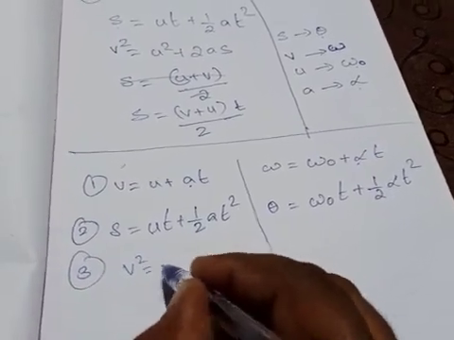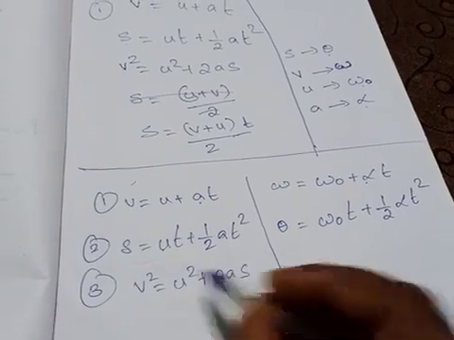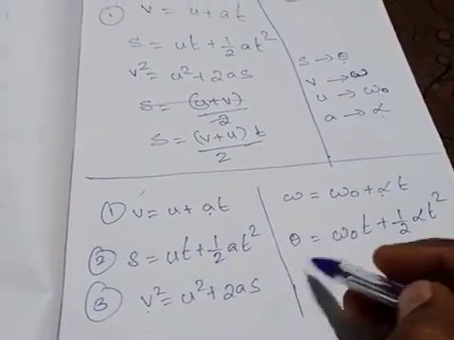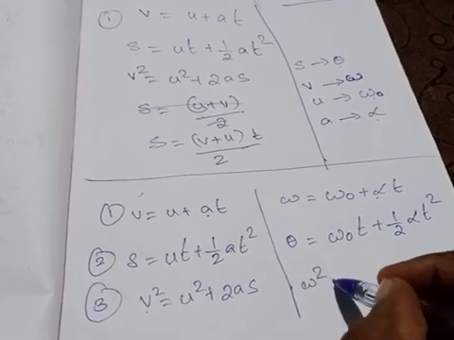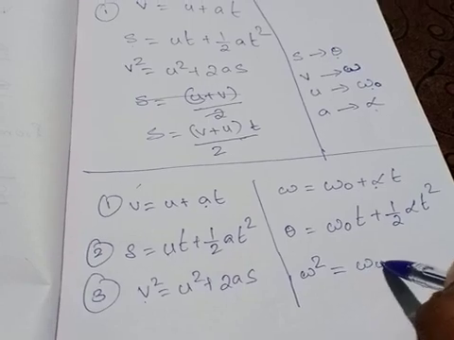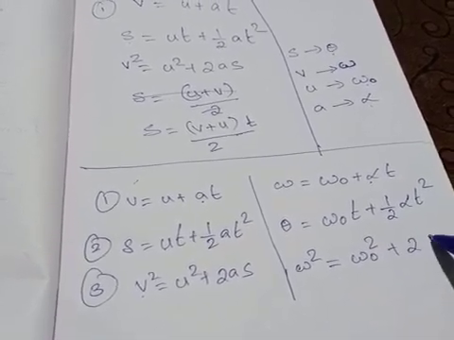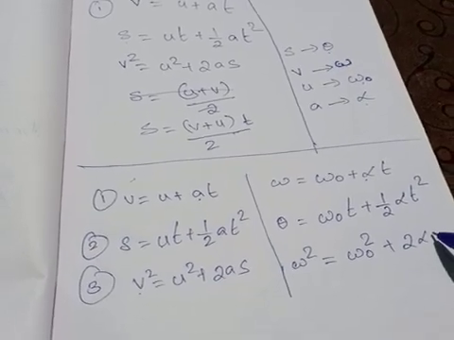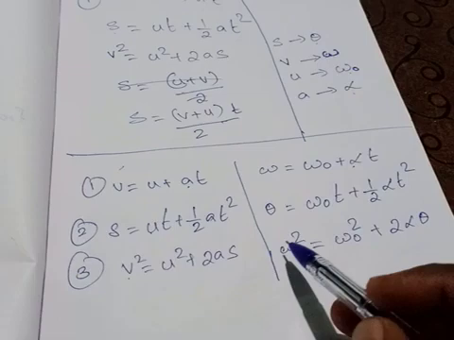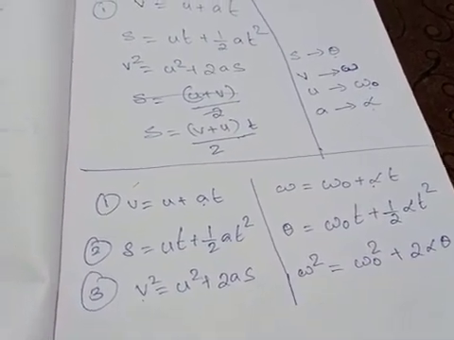Now the third equation, V square is equal to U square plus 2AS. V means omega, U means omega 0, A means alpha, S means theta. So omega square is equal to omega 0 square plus 2 alpha theta.